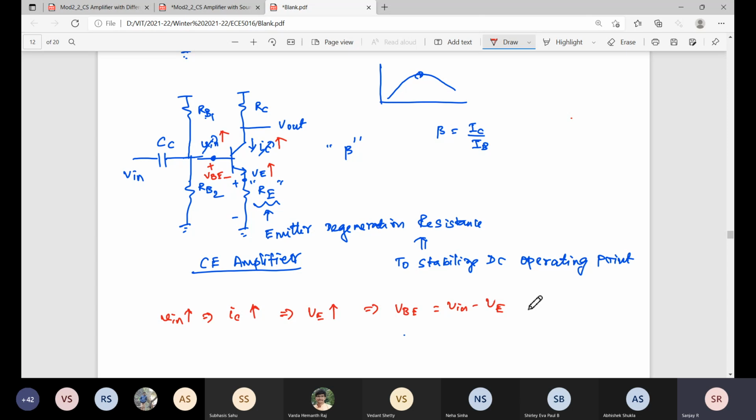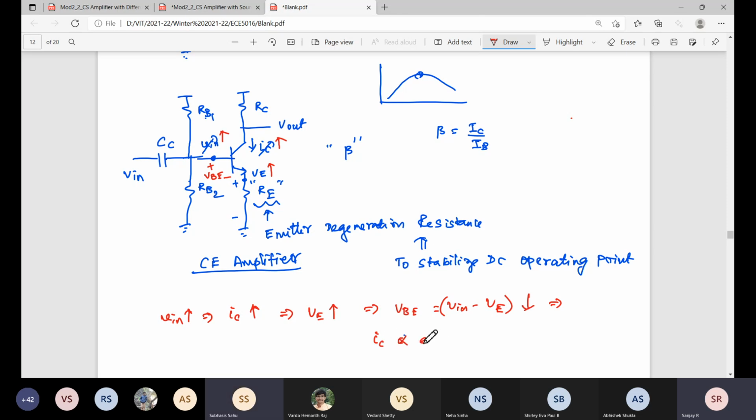So VBE will increase or decrease? Decreases. If VBE decreases, what about the current? Decreases. What is the relation between base-emitter voltage and collector current?